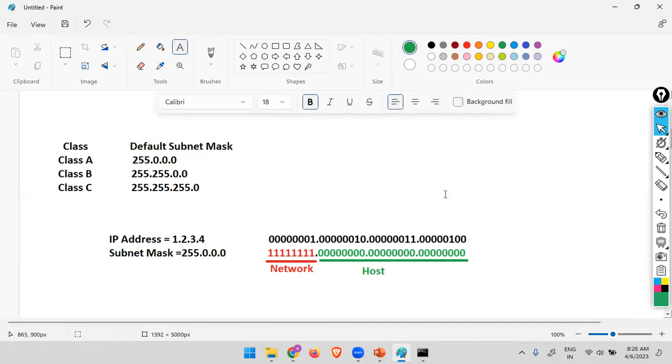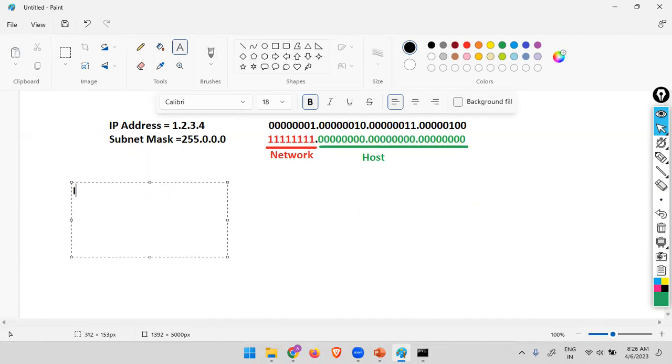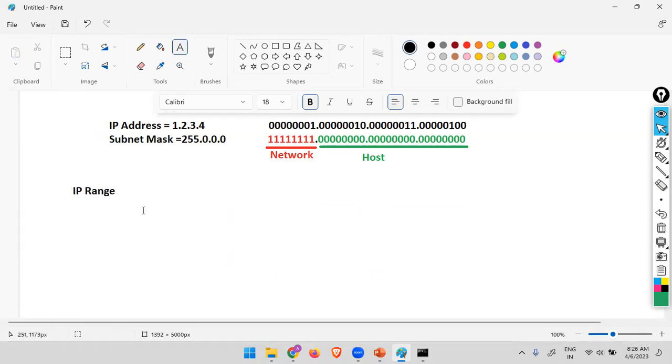Correct? So if I want to write the IP range for this particular IP address, I need to keep the network part constant, because in the network, the network part will remain the same. This will remain constant, and the host part will start from minimum and go until maximum.